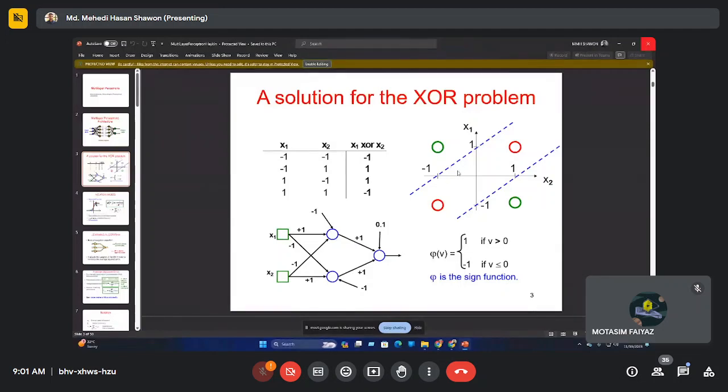But most of the time we cannot solve all our problems with a straight line.